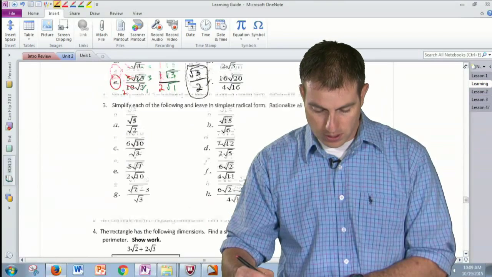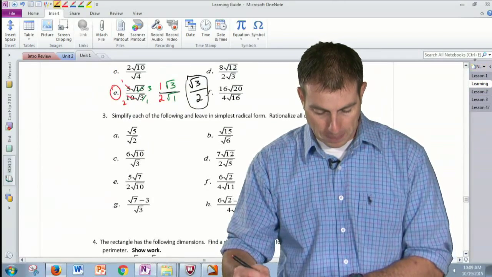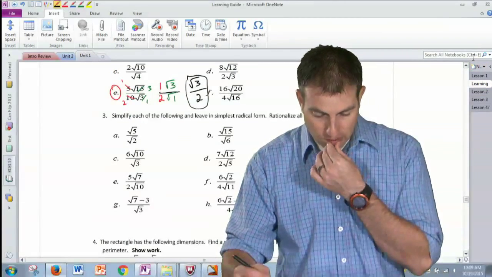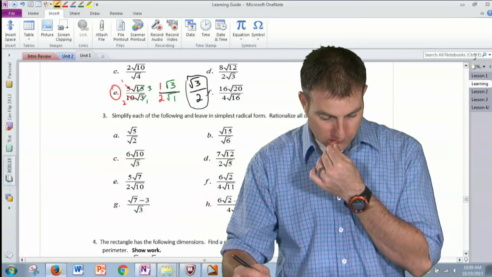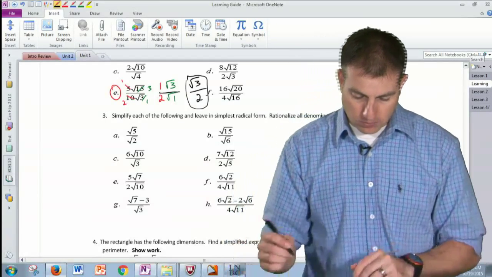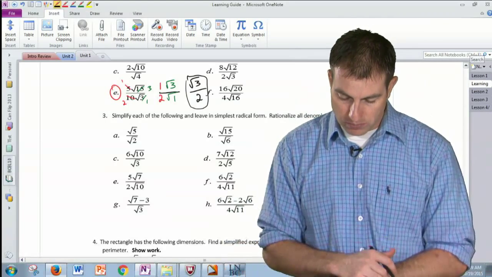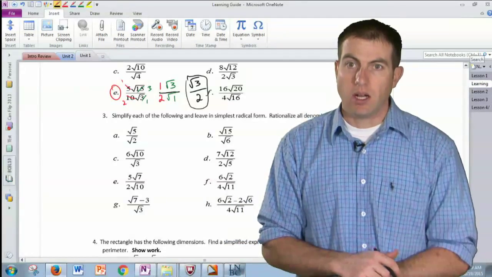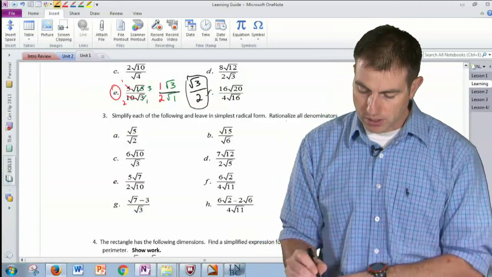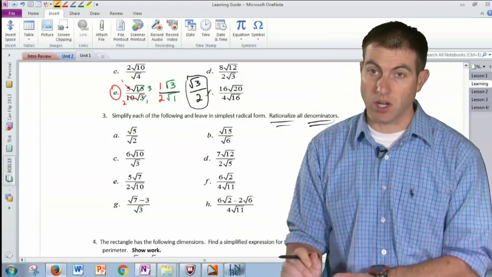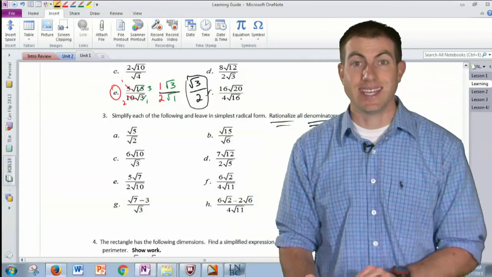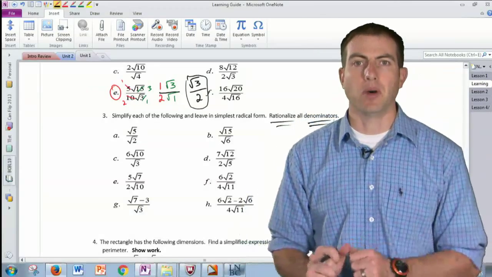Maybe look at a couple of these ones. Simplify each of the following, leave in simplest radical form. Right here where it says rationalize all denominators, this means get rid of radicals in the bottom.